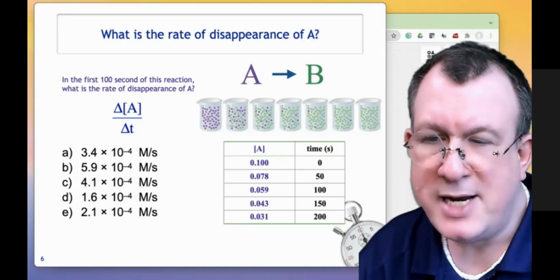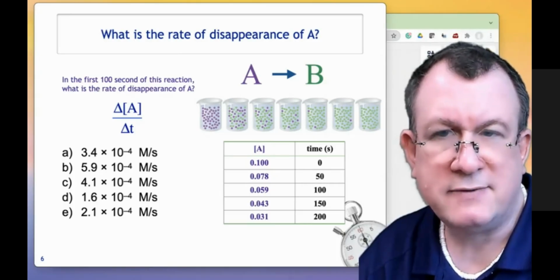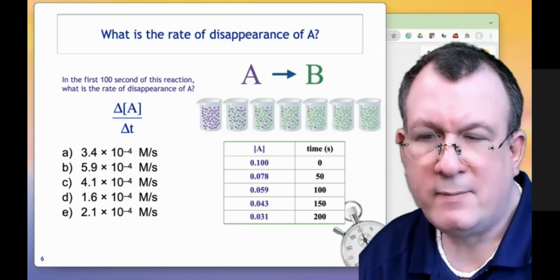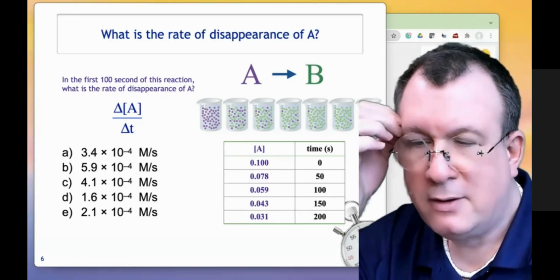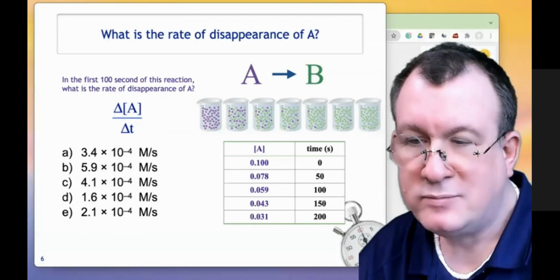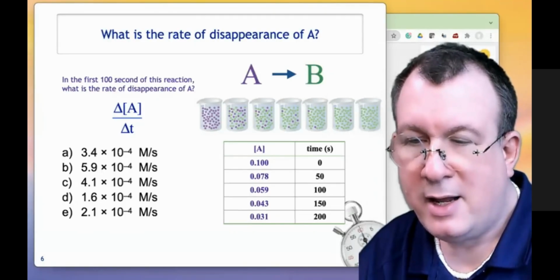Now, in this reaction that's in front of me here, if I look at the first 100 seconds of this, what's the delta of A? Is that what you're looking at?